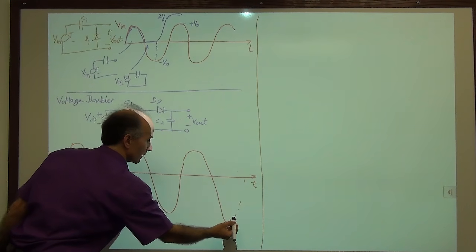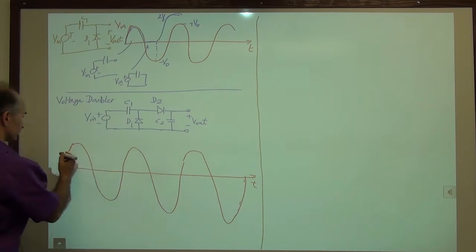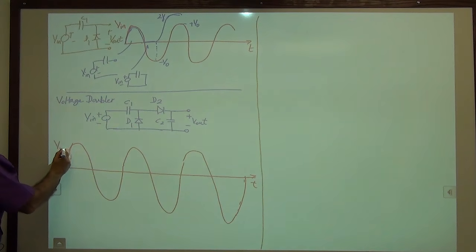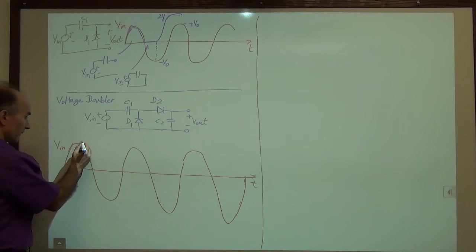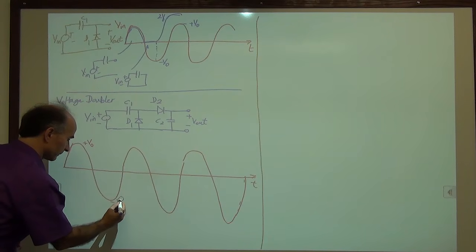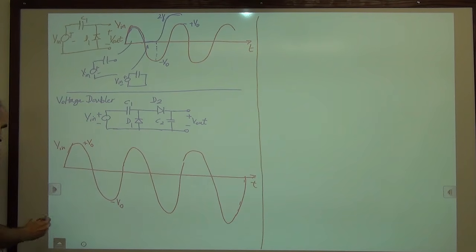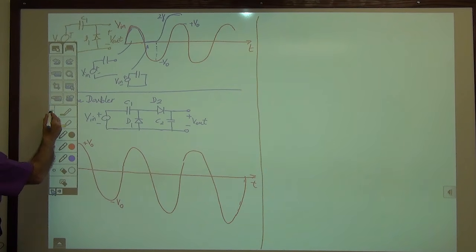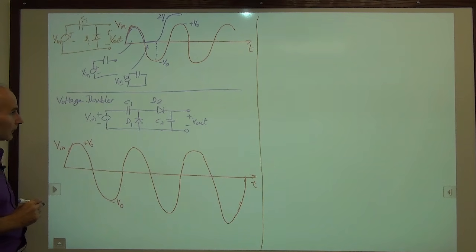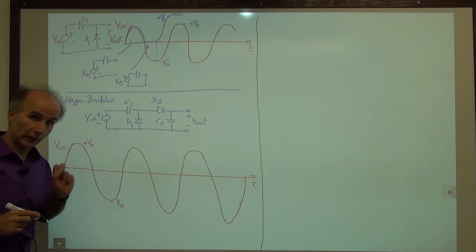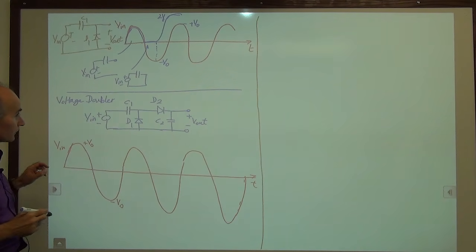So that's Vin, again having a positive peak of plus V0 and a negative peak of minus V0. And now we change our color for the output. Okay, so let's see what happens, again assuming ideal diode models for simplicity.